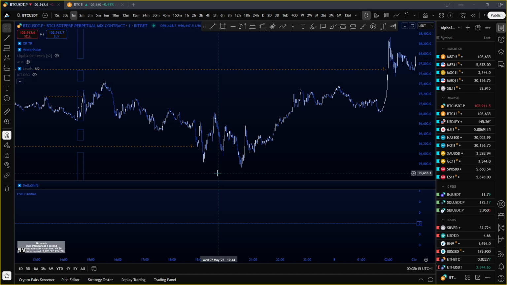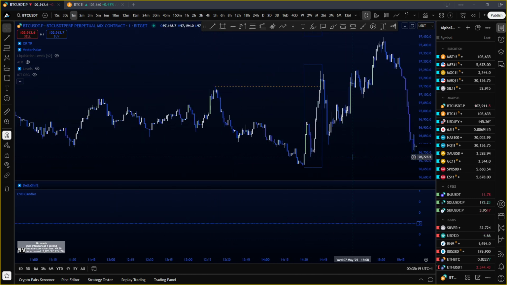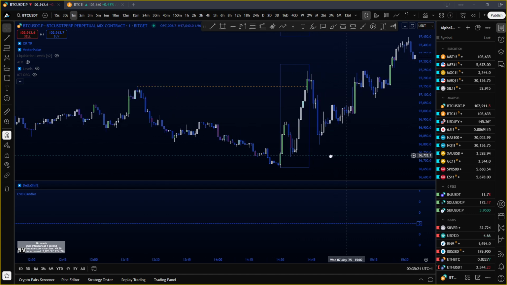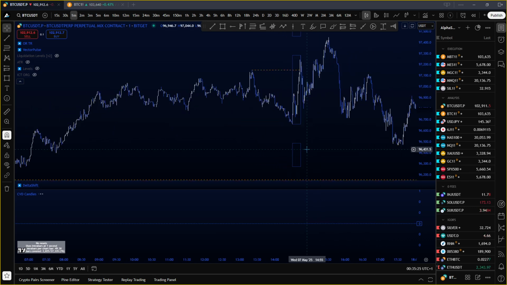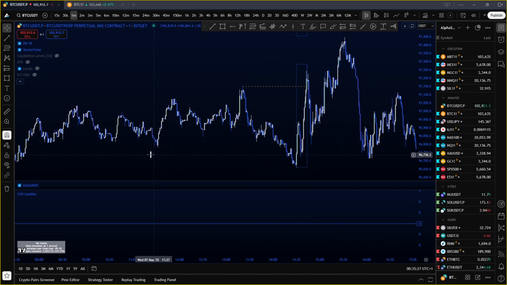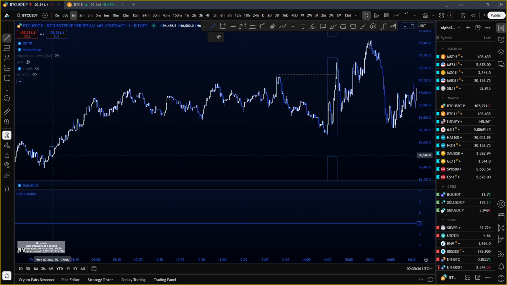So I'm digressing a little bit from the original strategy logic, but it's interesting, I promise. Let me just go back over here. London started here. So this was just London's liquidity, but nothing fancy.